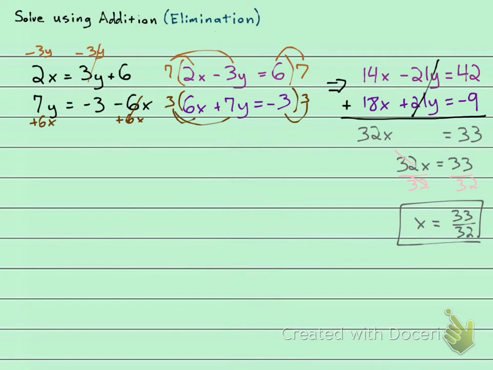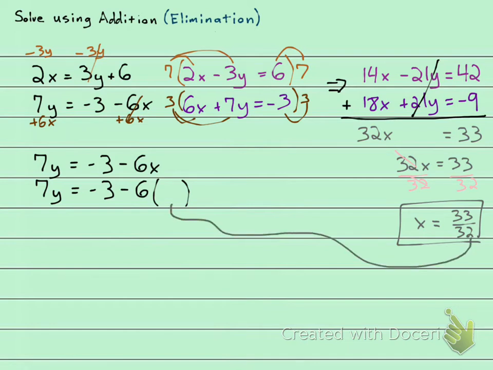Now, since this one right here is already solved for y, the y is already on the side by itself, I'm going to plug it into this equation. All right, so I dropped it down, 7y equals negative 3 minus 6x. And instead of x, I'm going to plug in 33 over 32.